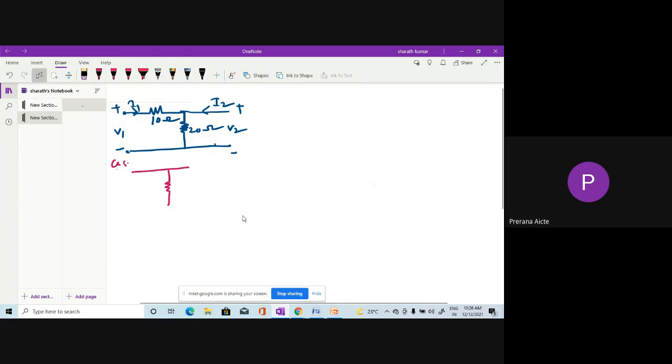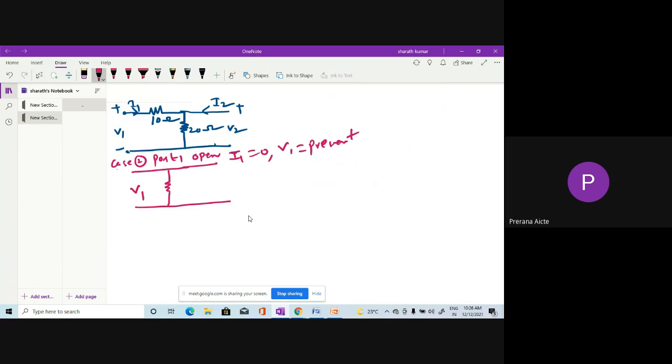So you are opening your port 1. Case 2, port 1 open. In open circuit, current I1 is going to be 0, but voltage V1 will be present. So your circuit is going to be modified like this.